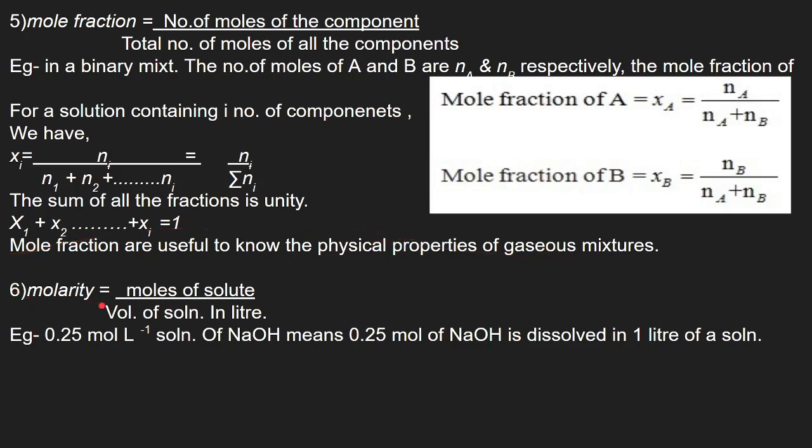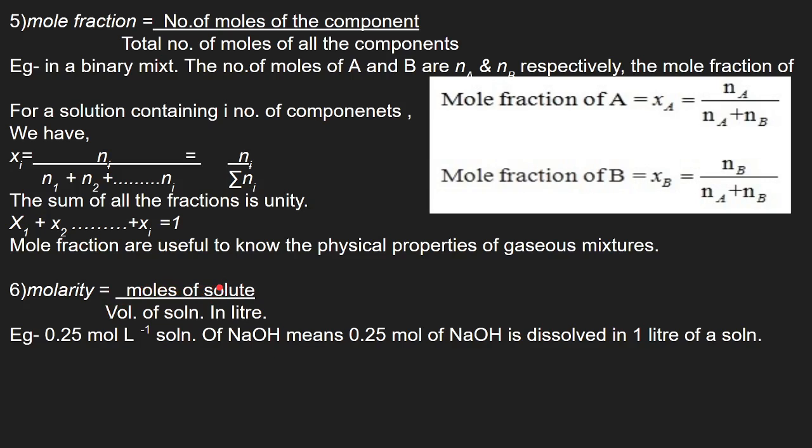Next is molarity. Molarity means moles of a solute divided by volume of solution in liter. Now these are very common terms, molarity and molality. Here molarity is usually denoted by capital M. So it means moles of solute, whatever be the number of moles of solute.